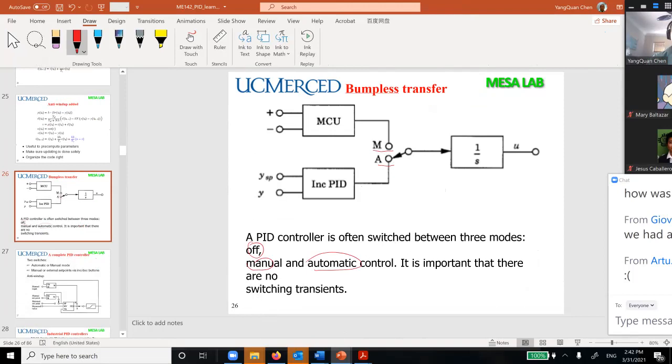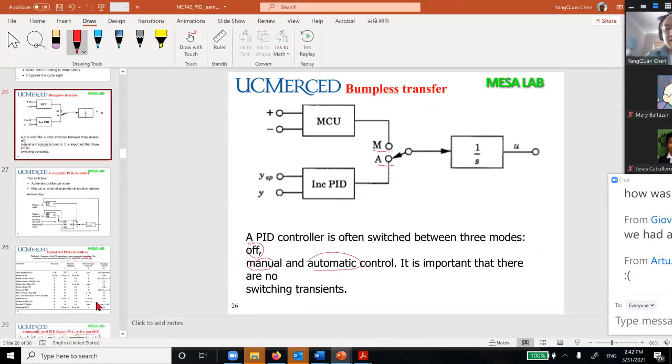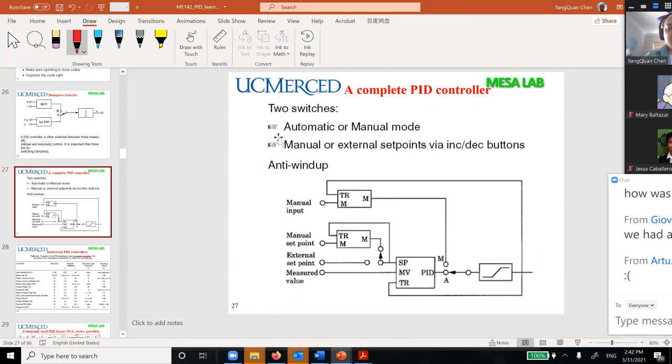How do you ensure that when you switch, there's no huge jump? That is also a mechanism: an idea of how to switch from automatic mode to manual mode without a jump, okay, without a jump.